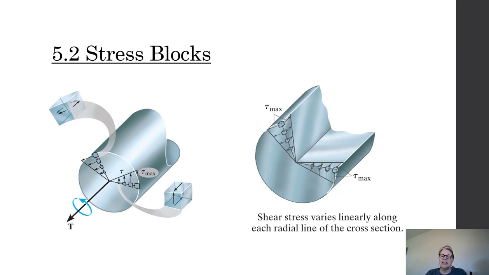It varies linearly along each radial line until you get to your radius, c, and then you have the largest stress there. You need to keep that in mind. Depending on where your box is, you're going to have different values, okay?